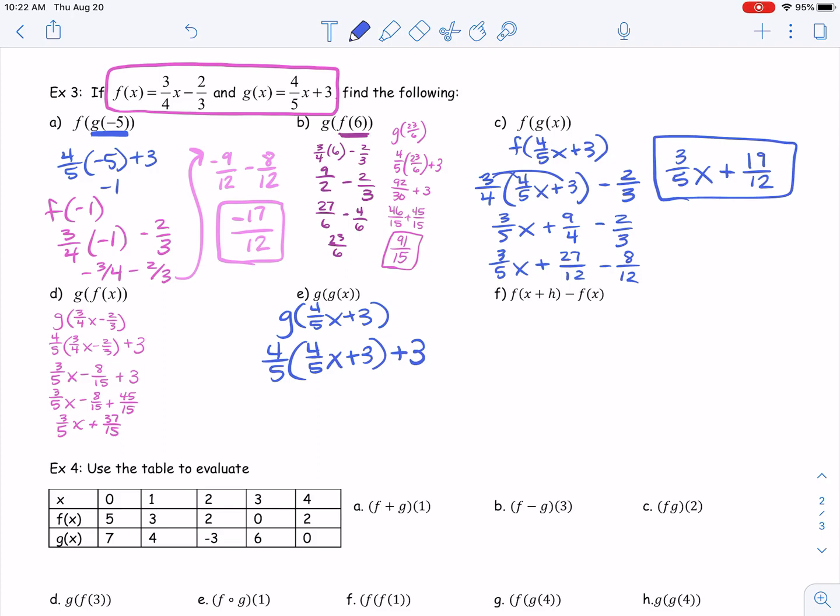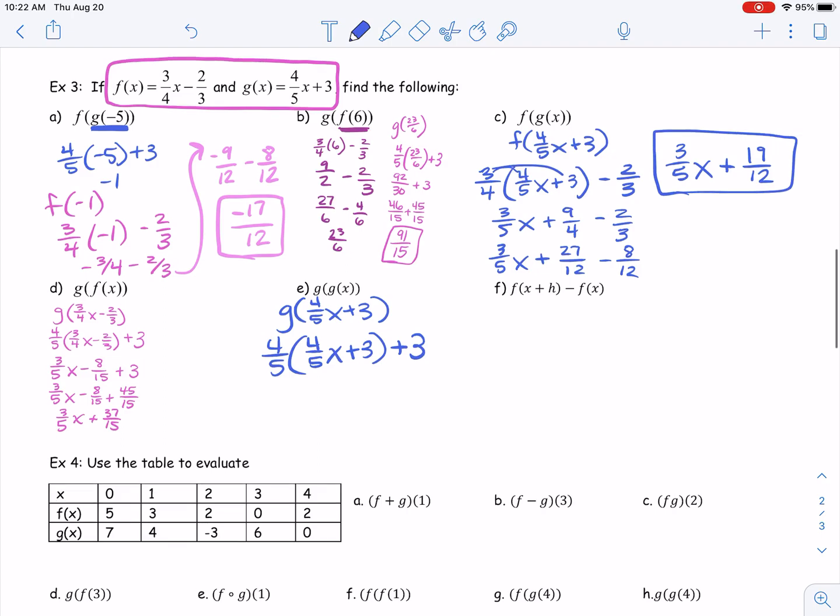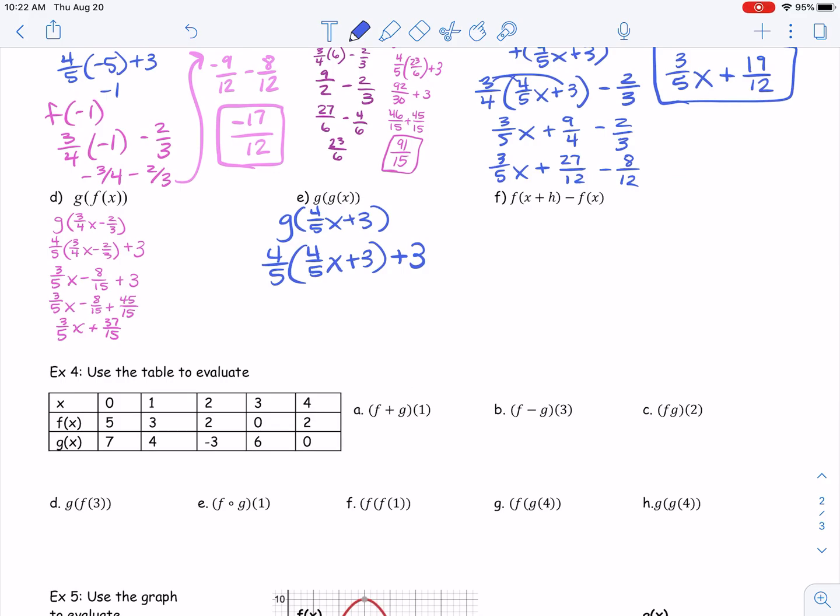You're putting the function inside of its own input. Kind of weird, but same process. We're going to distribute that 4 over 5, and then we're going to combine like terms. 4 over 5 times 4 over 5, that's like 4 over 5 squared, which would be 16 over 25x. 4 over 5 times 3 is going to be a plus 12 over 5 plus 3 again.